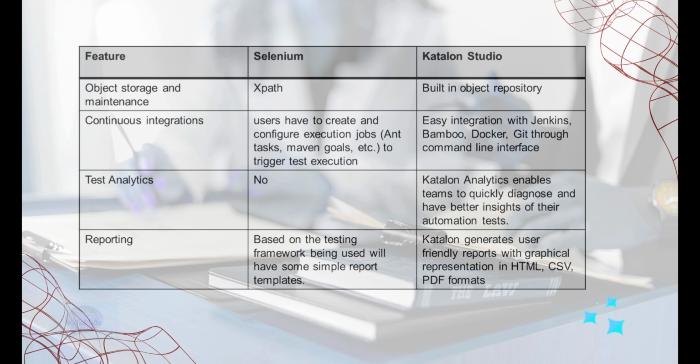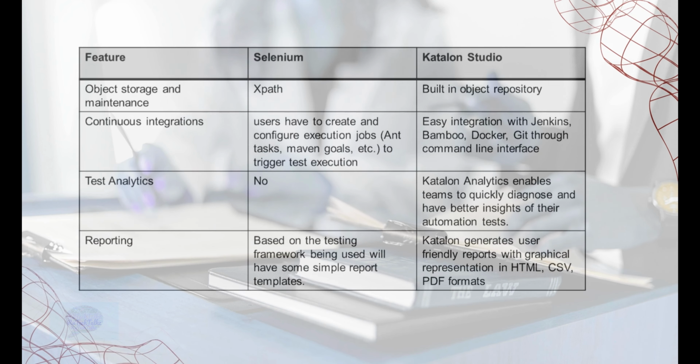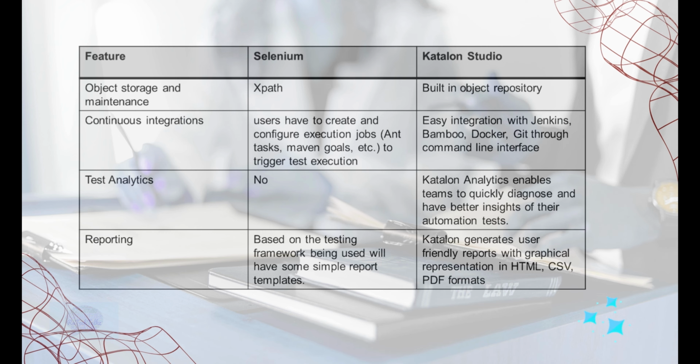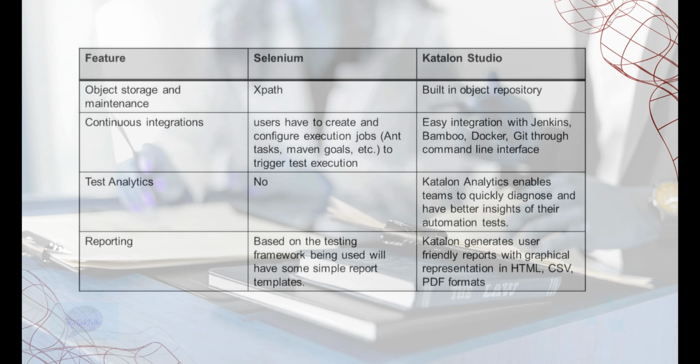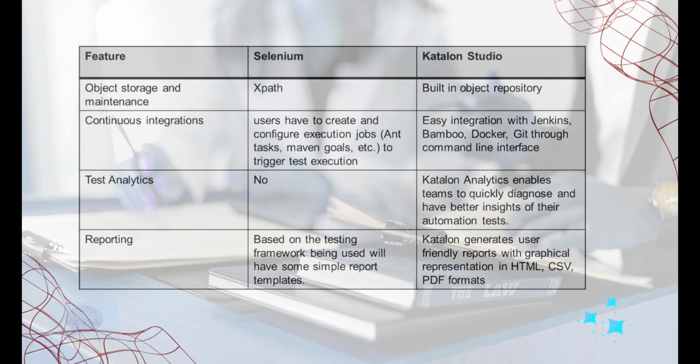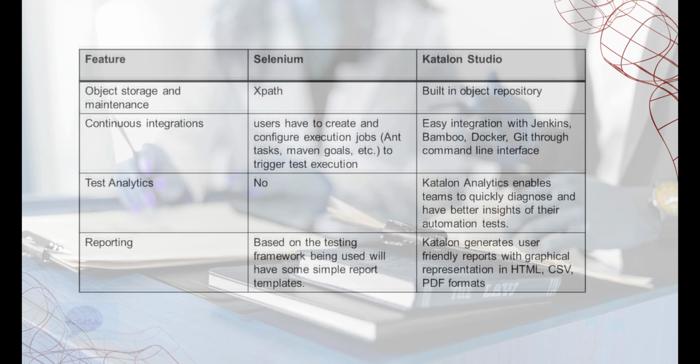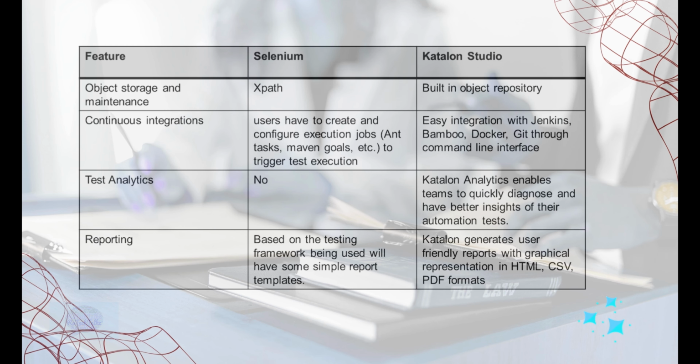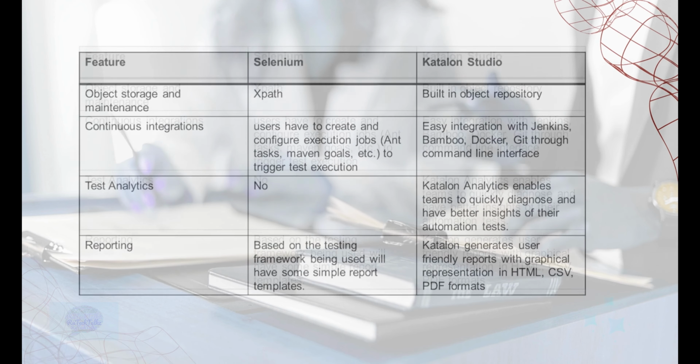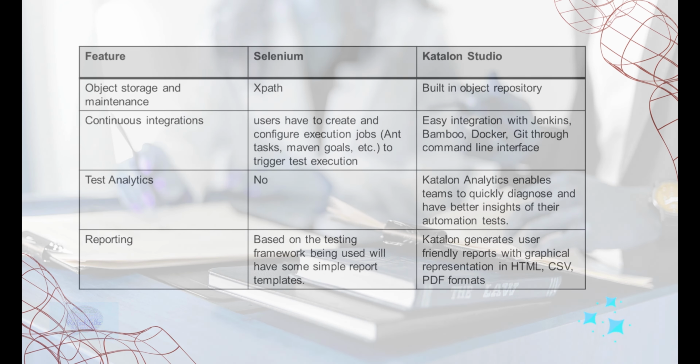Based on the testing framework being used, you will have some simple report templates in Selenium, and even then we need to build those capabilities and we need an expert for that. Whereas Katalon Studio generates user-friendly reports with graphical representation in HTML, CSV, PDF formats.